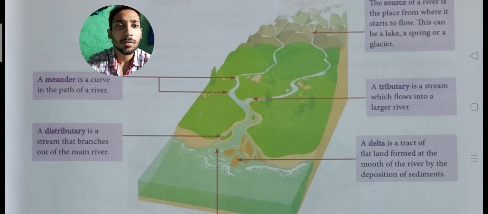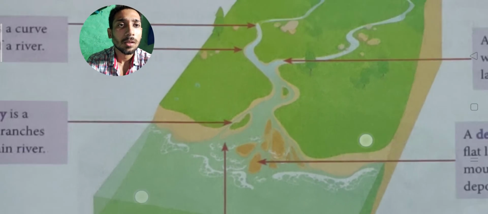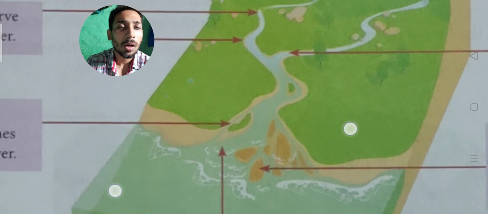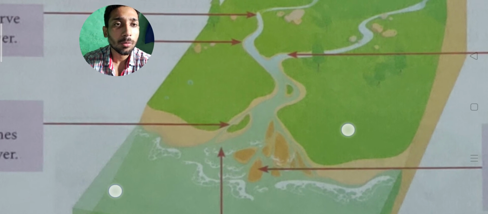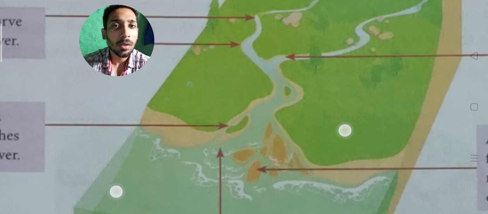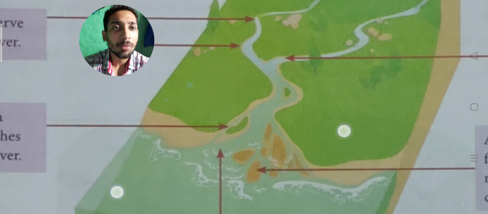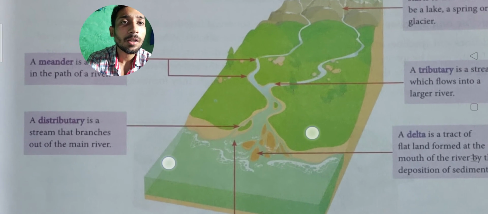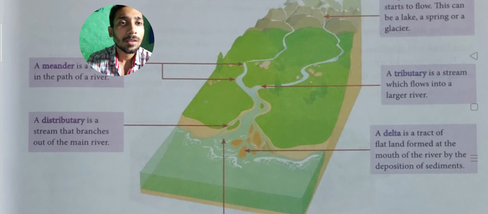Distributary means after being added to the large tributary, it will be a stream that branches out of the main river. As you can see in the video, a whole large tributary is flowing, and in that tributary you can see a small stream being divided by the land, so it is called a distributary. It can occur anywhere.